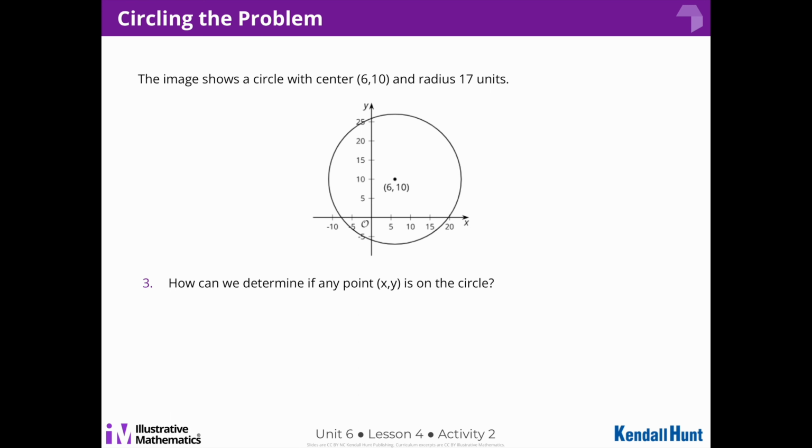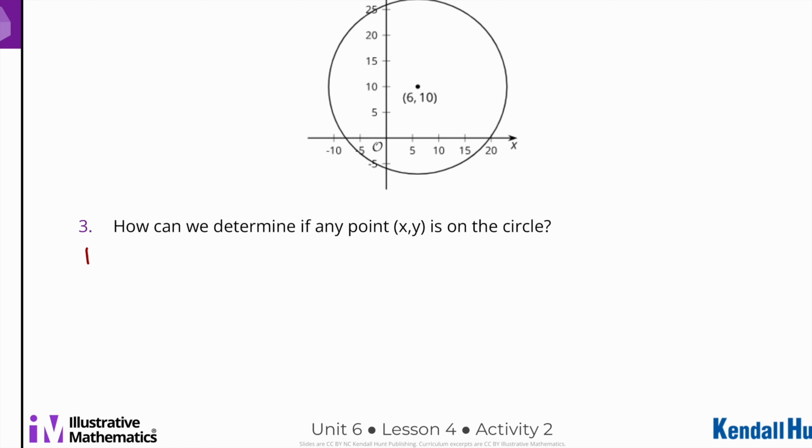So we can use the difference between our x's and the difference between our y's, and square those as the horizontal and vertical legs of a right triangle. Let me write these out to represent it: difference in x, and then difference in y.